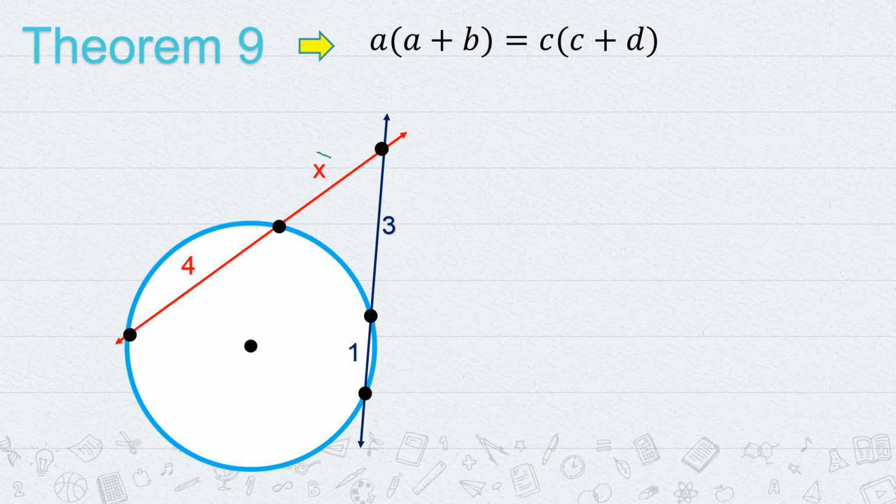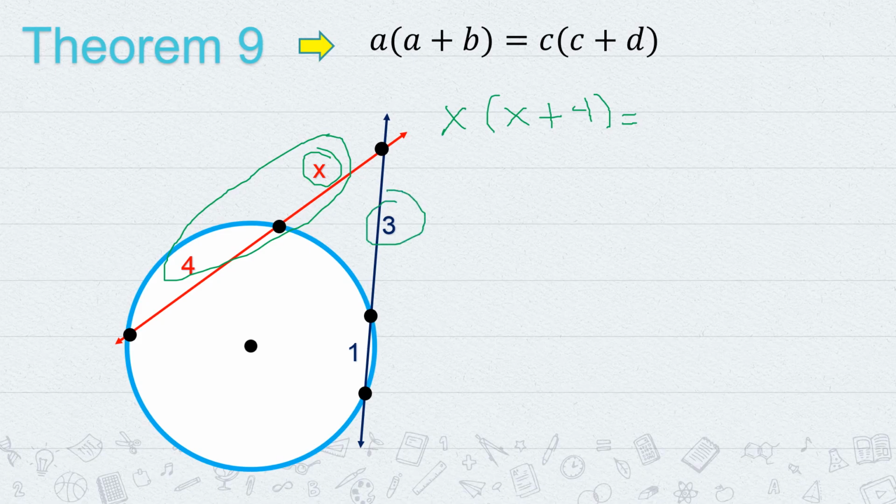Here we have x, then B multiplied to the entire secant segment, so we have x plus 4. Then equate it to the right side, C and D. First we have 3, then multiplied to the entire secant segment, we have 3 plus 1.